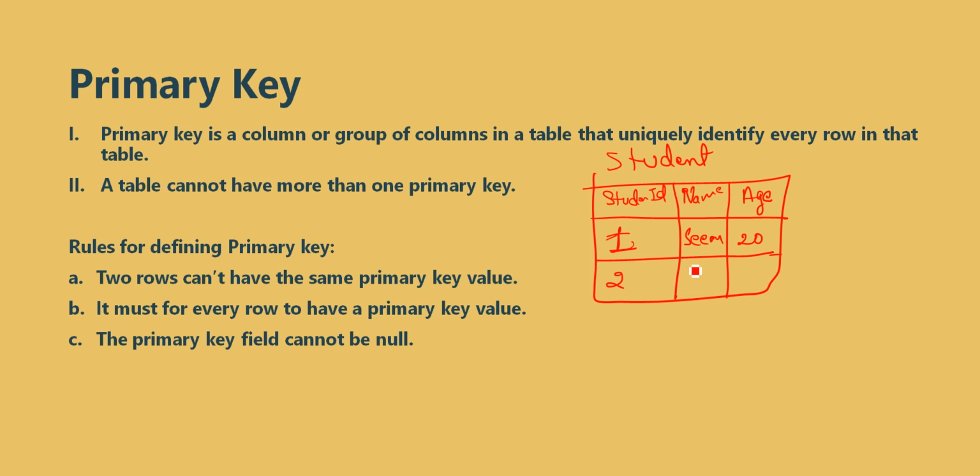Now a different student, Reema, and I don't know her age. So what do I need to store here? Can I store 0 here? No, because 0 is not a valid age.